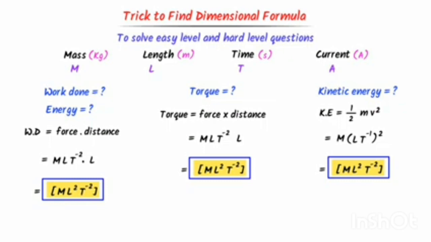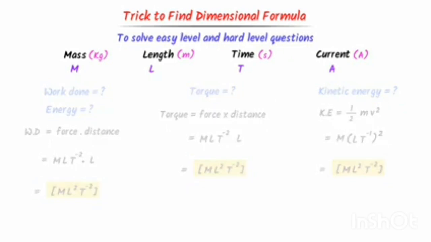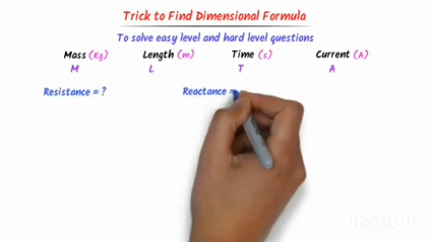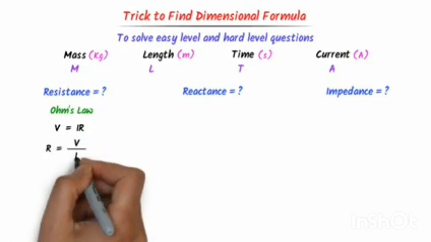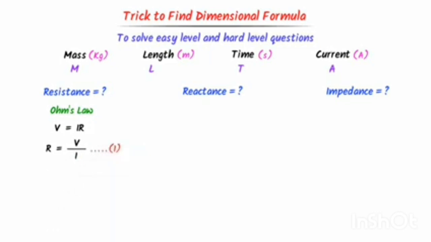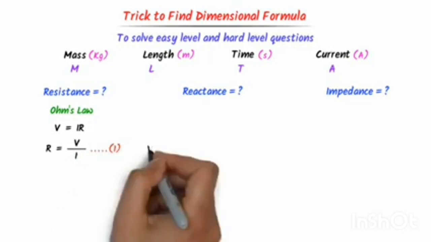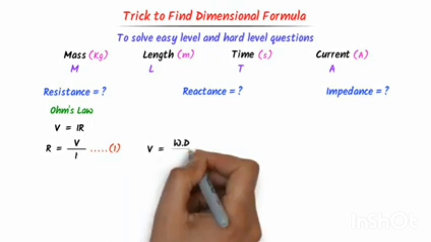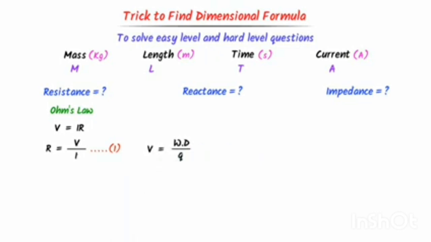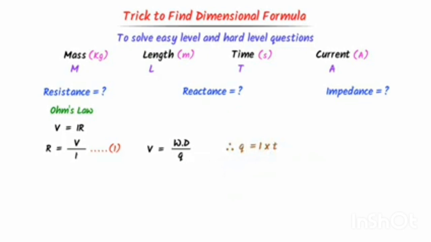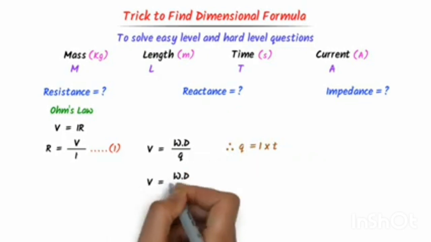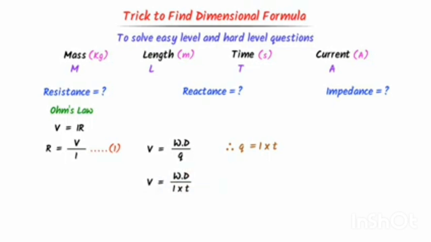So note it down. Finally, find the dimensional formula of resistance, reactance and impedance. Well, according to Ohm's law, V is equal to IR, or R is equal to V upon I. Let this be equation number 1. We know that voltage is equal to work done upon charge. Also we know that charge is equal to I into time. So I write V is equal to work done upon I into t.